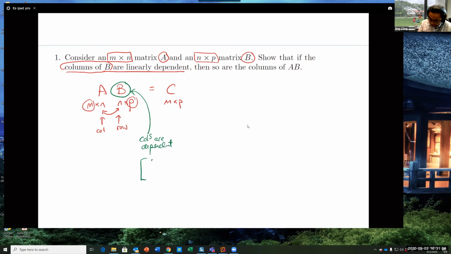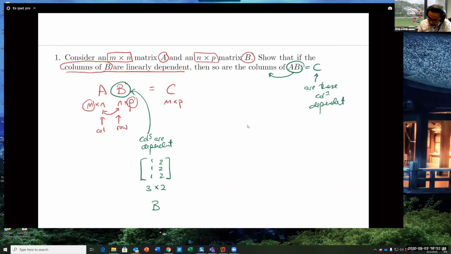Maybe 1, 1, 1, 2, 2, 2, and then we have a 3 by 2 matrix, and then of course the second column of B is 2 times the first column, so they are dependent. And then here it says that, fine, given B is dependent, what about the columns of AB? Or we call it C now, of course. So are the columns of C also dependent?